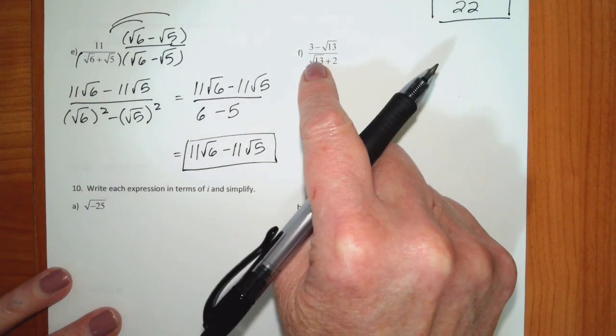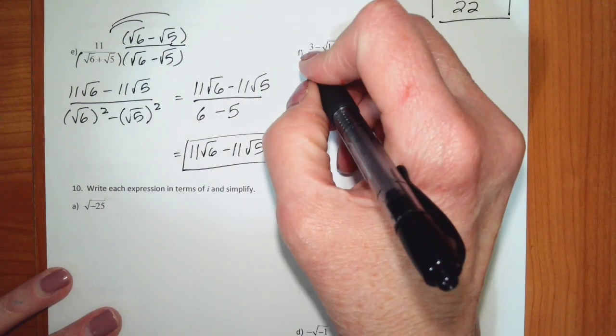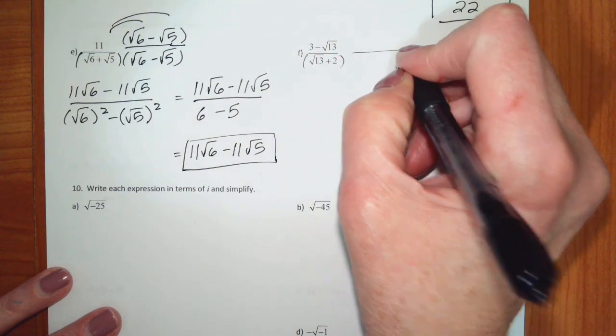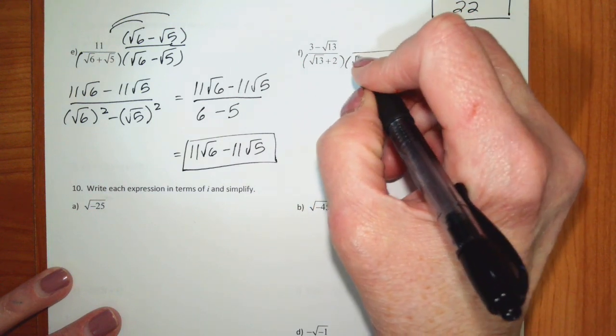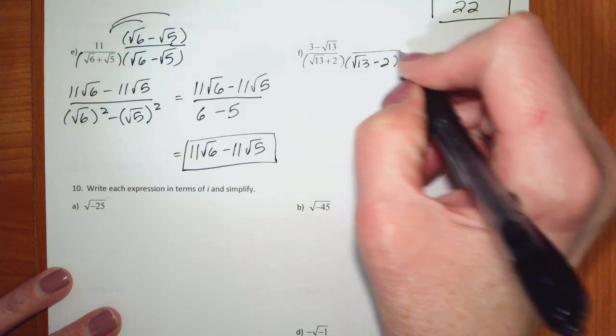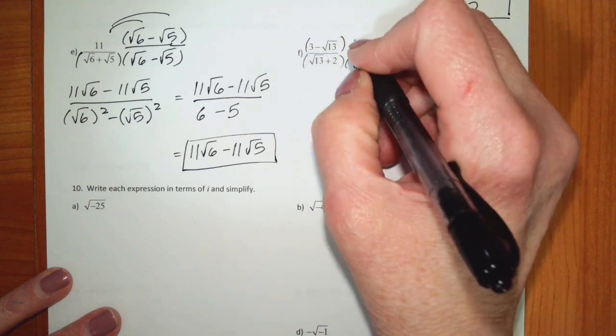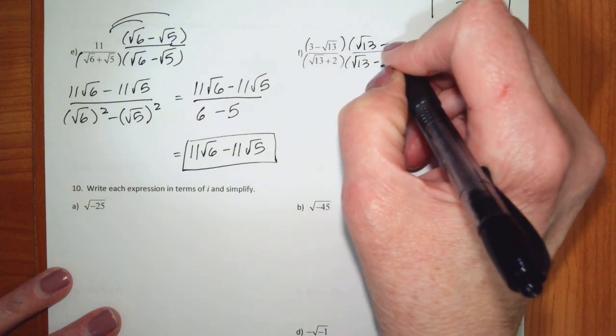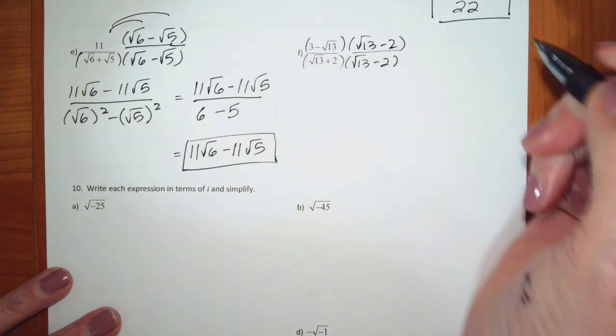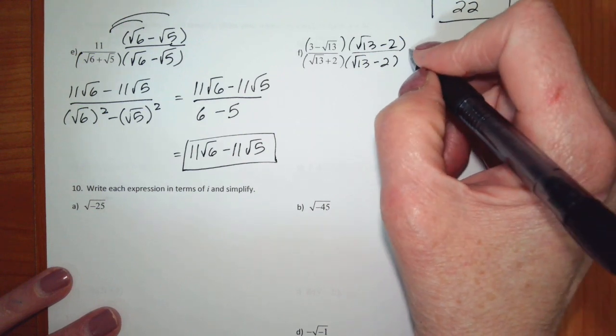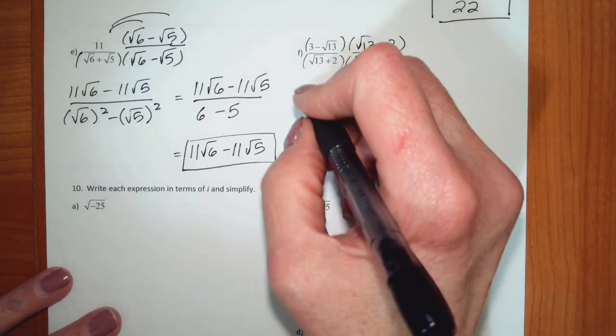Okay, same thing here. Root 13 plus 2. Can't have that radical in the denominator, so I'm going to have to multiply by its conjugate, which is root 13 minus 2. Okay. All right, so when I do that, this is going to take me a little bit.